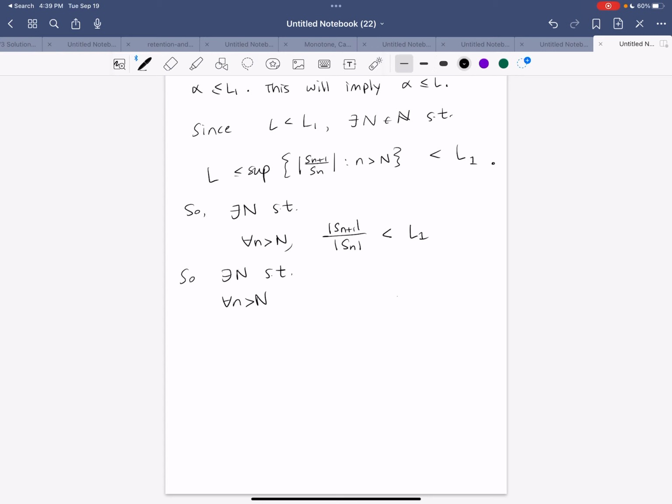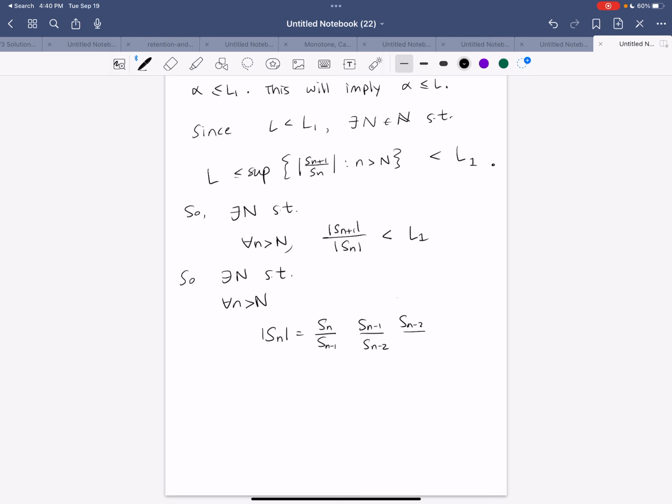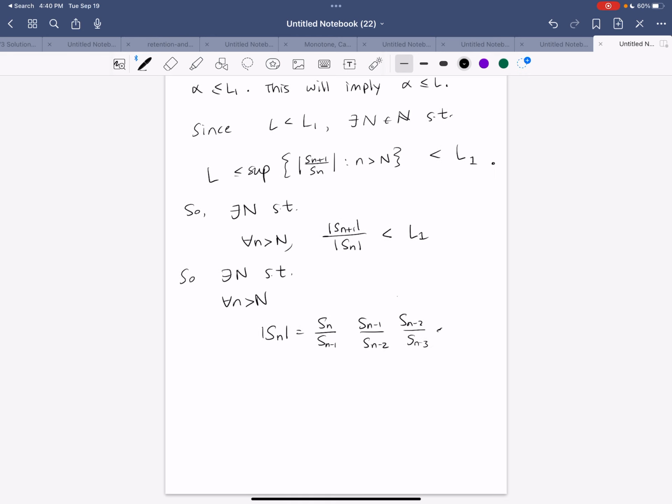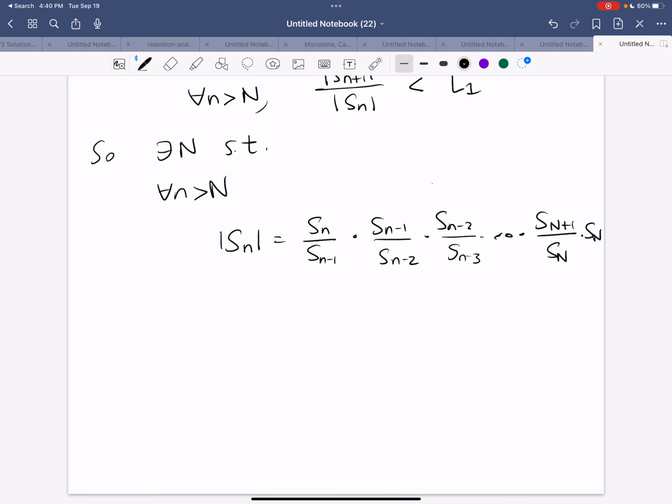Here's what I'm going to do. I'm going to write S_n as S_n over S_{n-1}, S_{n-1} over S_{n-2}, S_{n-2} over S_{n-3}, dot, dot, dot, and then S_{N+1} over S_N, and then times S_N. Don't forget we have this quantifier.